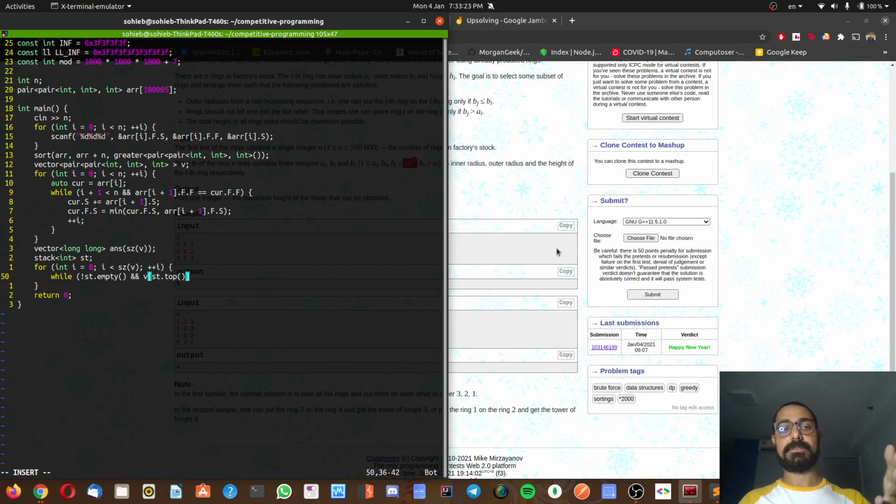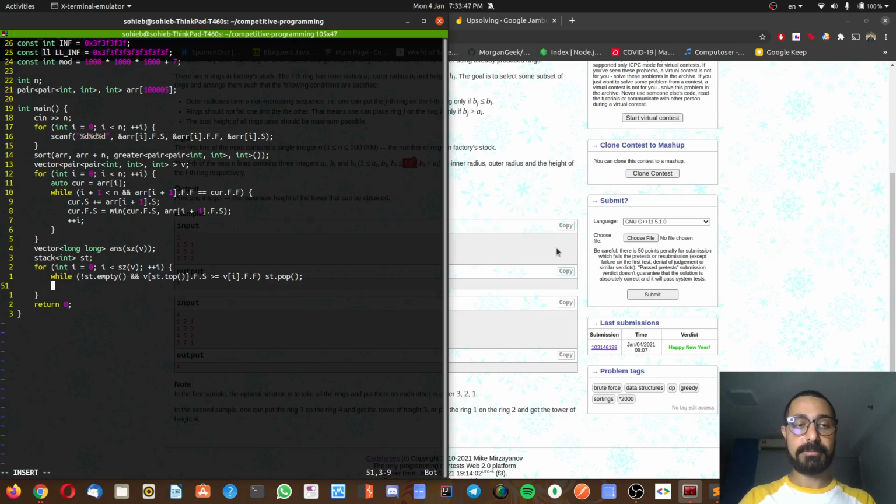Again, this is the previous. I should compare the inner radius. So inner is first, second is greater than or equal to v of I dot first, which is my outer radius. As long as the inner radius is greater than or equal to the outer radius of the current element, we will pop this from the stack.